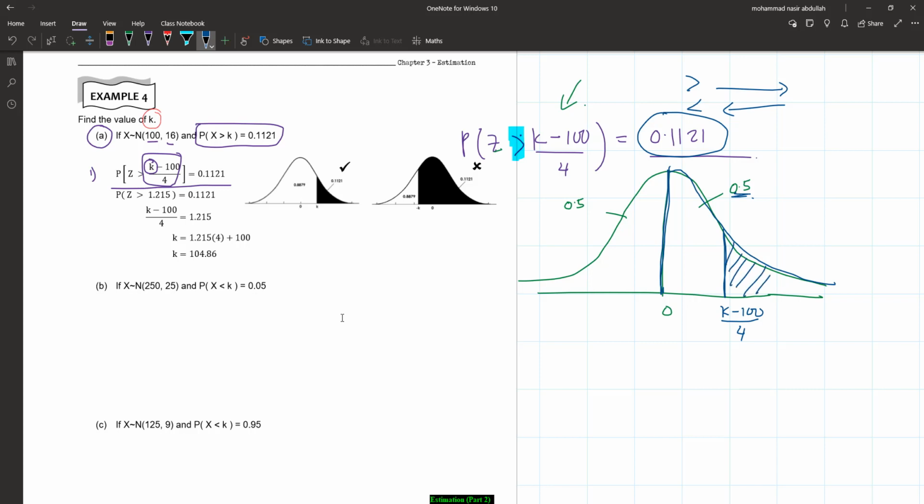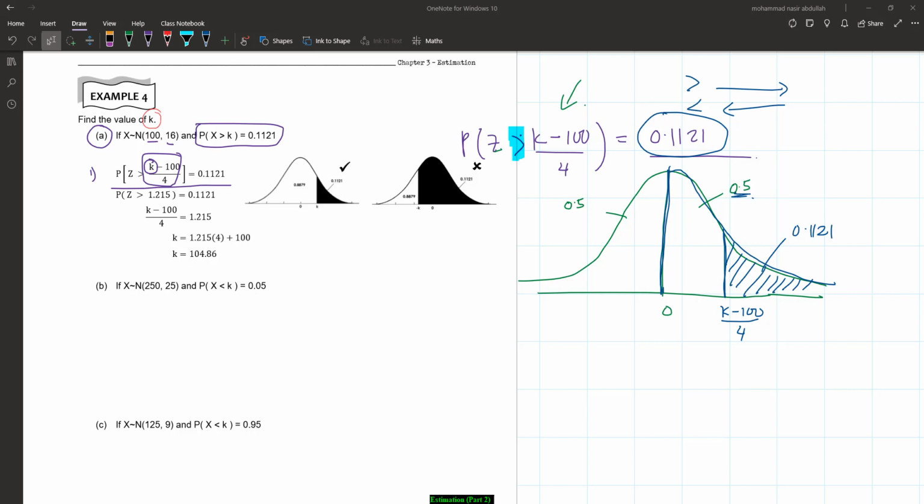So this is the area for 0.1121. Can you understand?